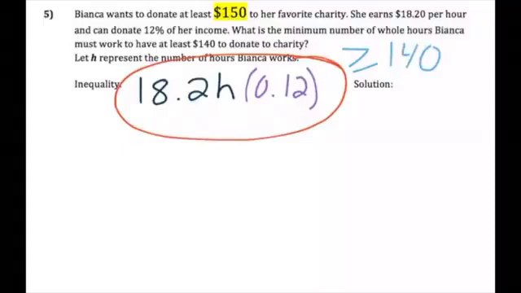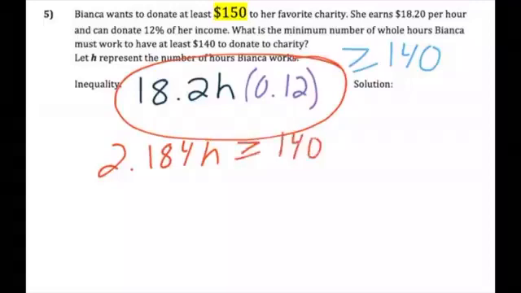Okay, so when I do 18.2 times 0.12, I get 2.184H, and that's greater than or equal to 140. Now we're going to divide both sides by 2.184.